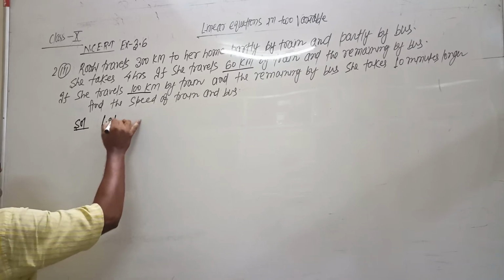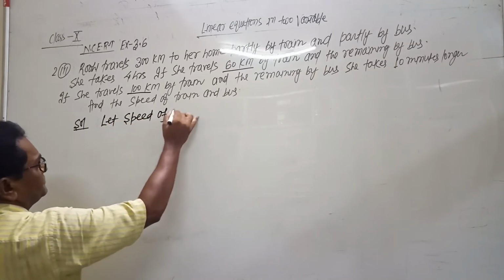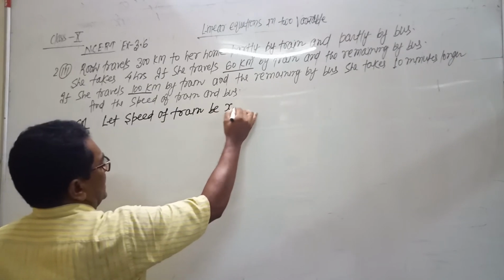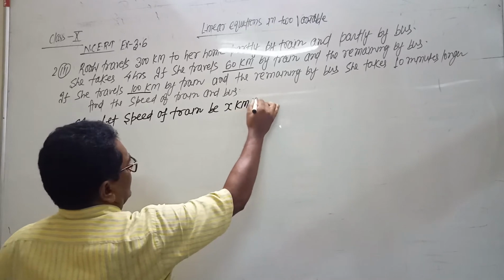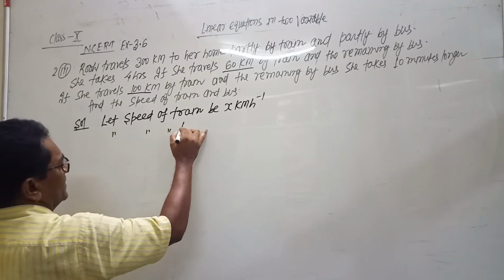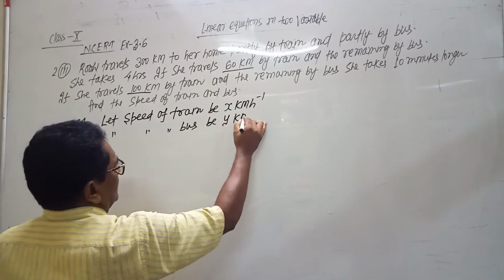So let the speed of the train be x kilometers per hour, and let the speed of the bus be y kilometers per hour.